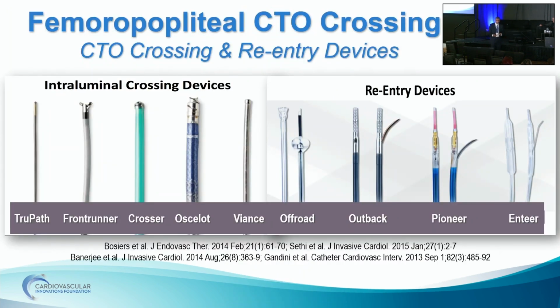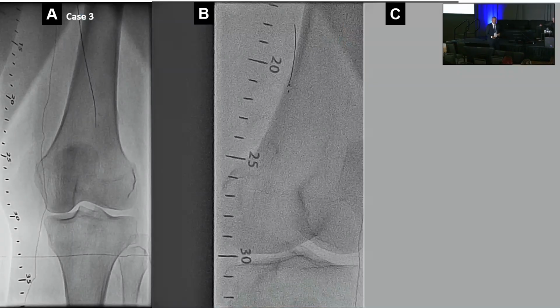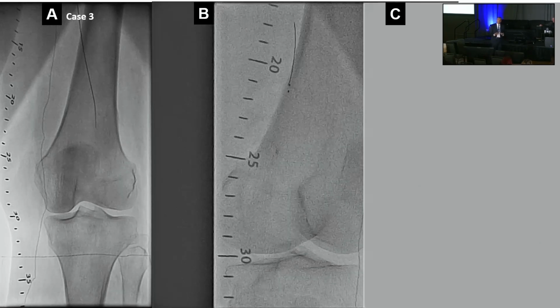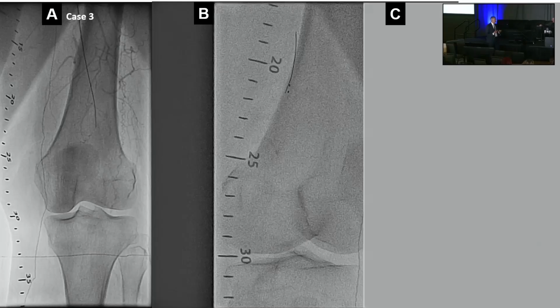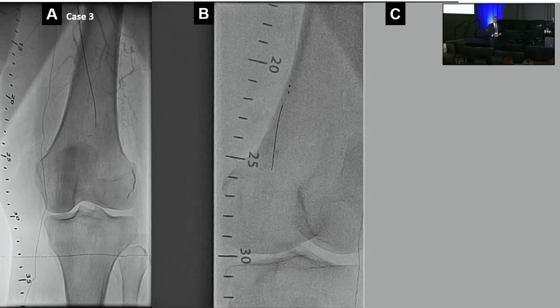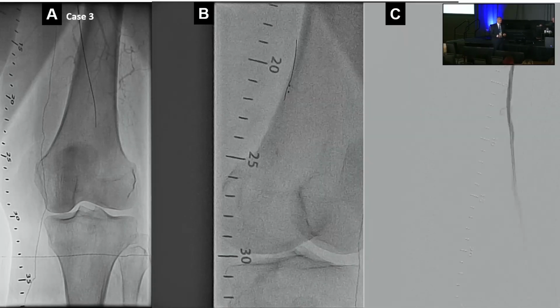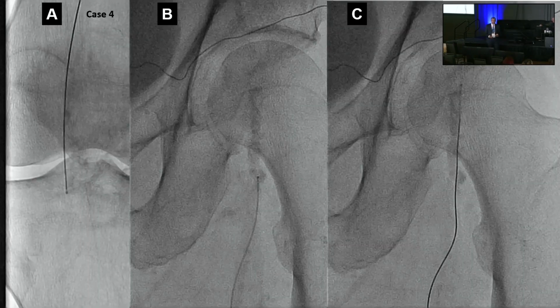So I actually consider even catheters as CTO crossing devices. And by keeping the dissection plane very limited, your options of re-entry are greatly enhanced, and you can create a limited amount of dissections. And finally, you can use non-stent based treatments for femoral and even below the knee.